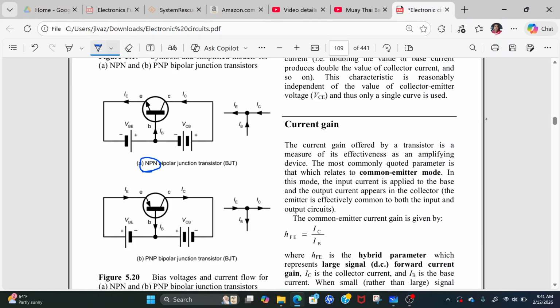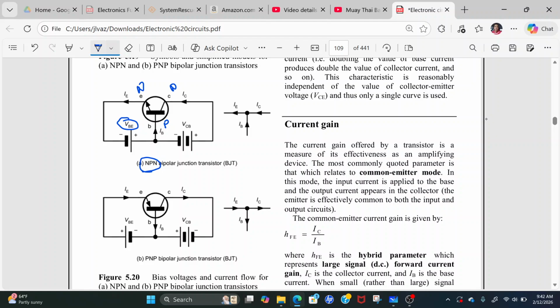So that means that the emitter is N, the base is P, and the collector is N. In the NPN transistor, the base is positive. So the VBE, take a look at this parameter here. VBE is the voltage base-emitter. The base needs to be positive in relation to the emitter in order for the transistor to be biased and start conducting electricity.